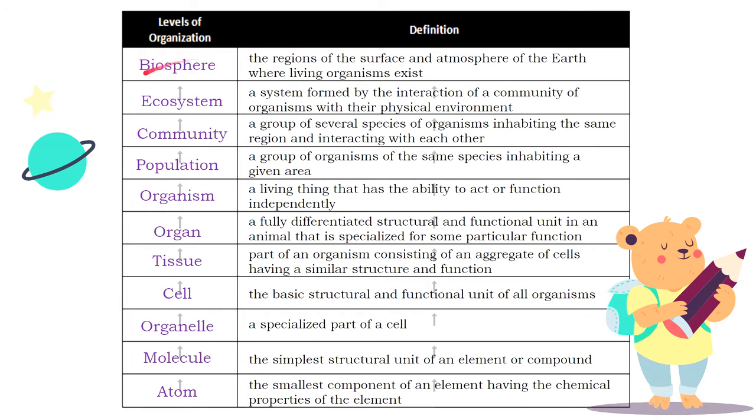And then all the ecosystems in the world make up the biosphere. I hope you remember this as one of the spheres of the Earth. So the biosphere is the regions of the surface and atmosphere of the Earth where living things can exist. So all the ecosystems in the world make up that layer of life called the biosphere.